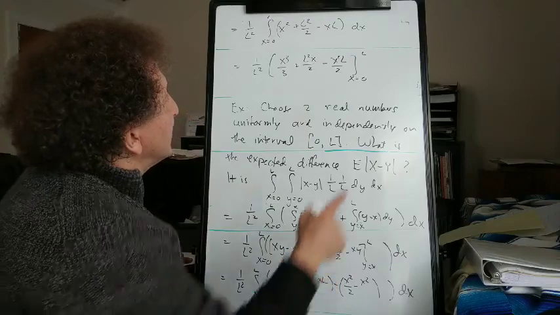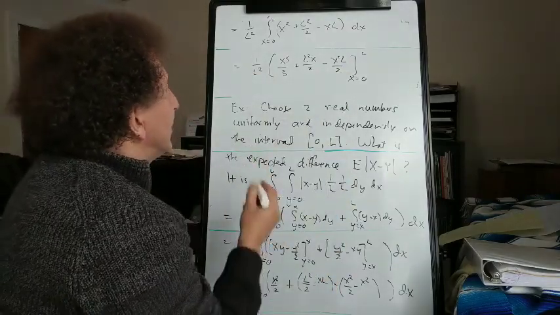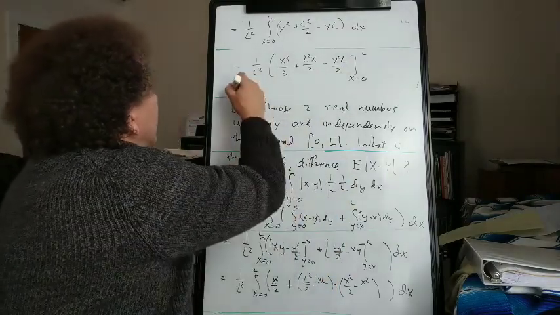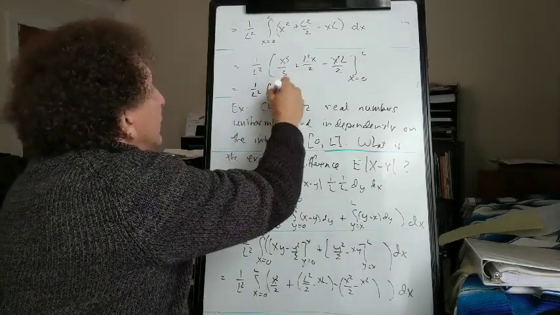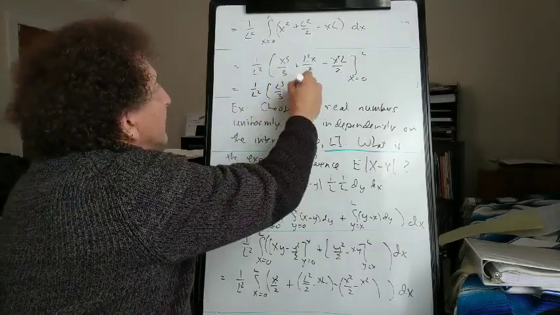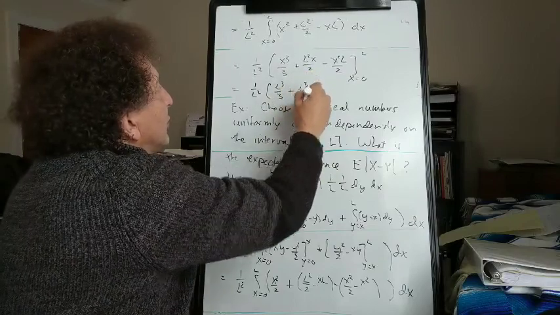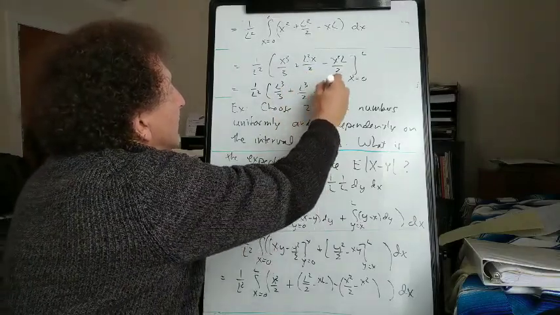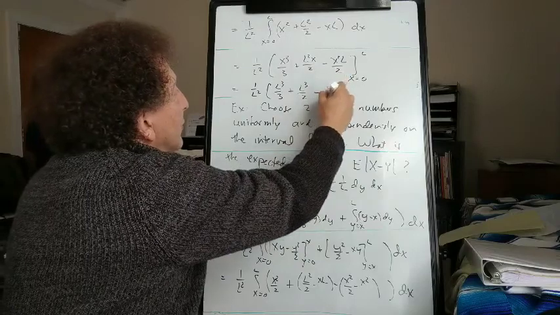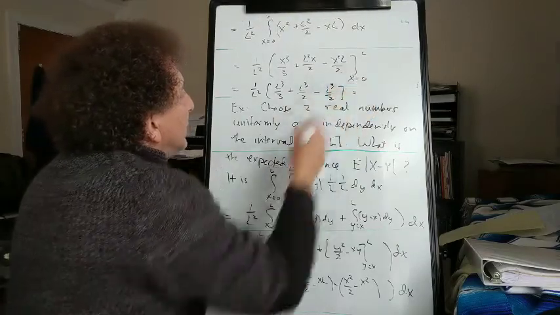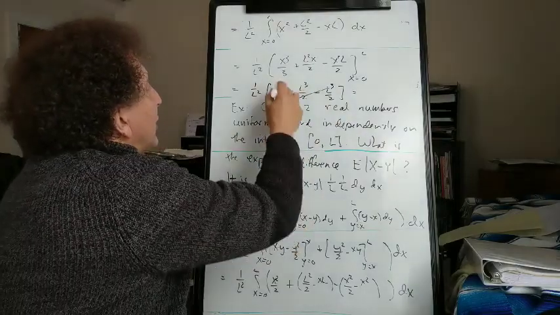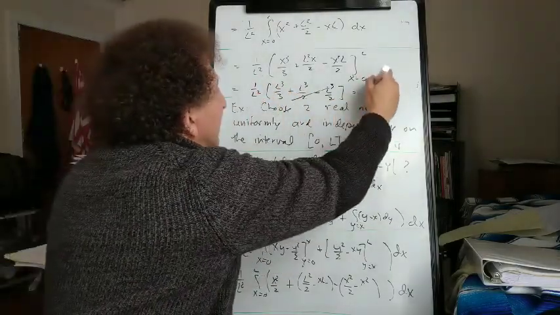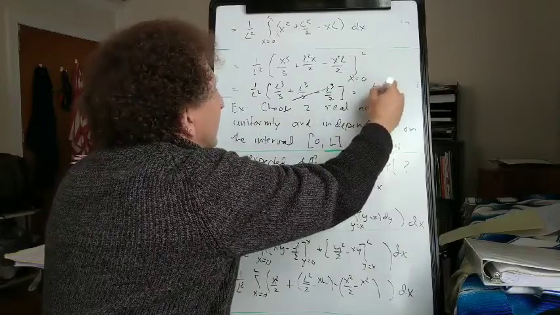When we plug in x equals 0, all of this goes away, so we just need to plug in x equals L. So this is 1 over L squared, L cubed over 3 plus L cubed over 2 minus L cubed over 2. So these will cancel. And then L cubed over L squared gives us L over 3.